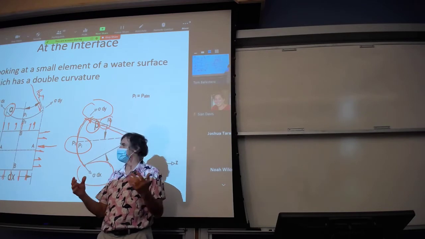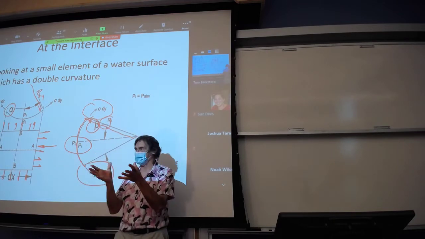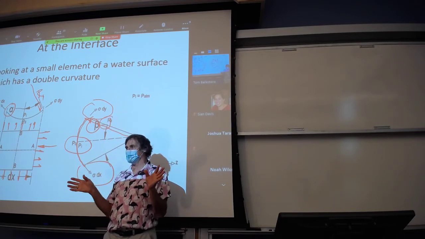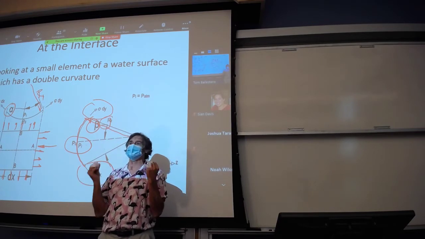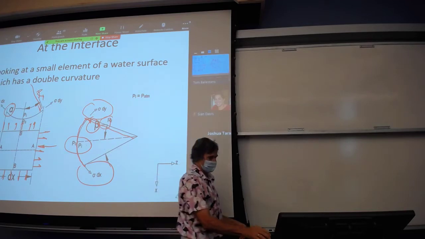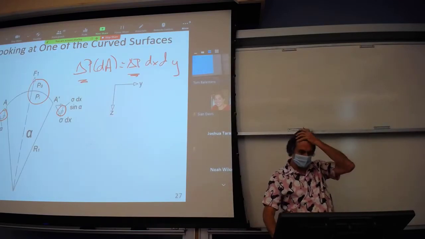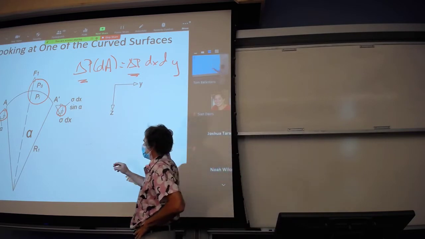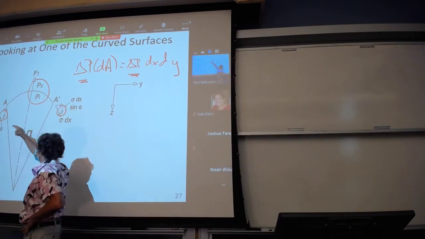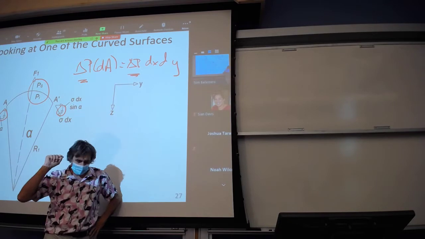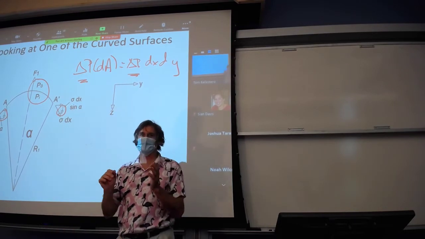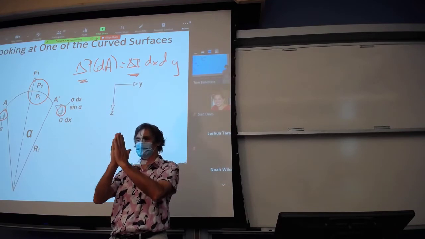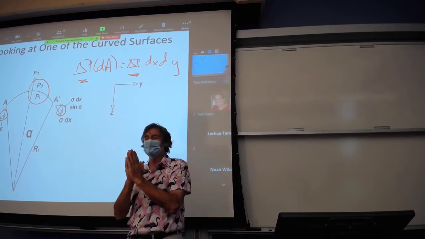And what we're going to do is, since this surface is static, it's not moving anywhere, the sum of forces in any direction is equal to 0, we're going to use the z direction. When we perform that analysis, we recognize that the sum of the z components of the x and the y component forces would, in a force balance, be offset by the difference in pressure across the interface.